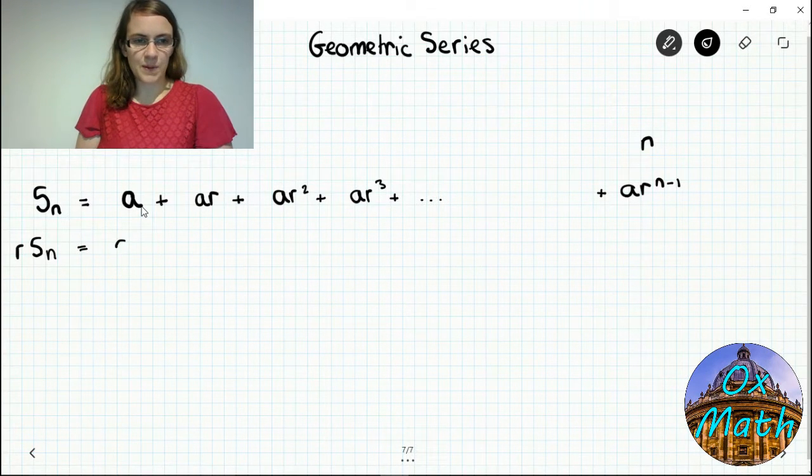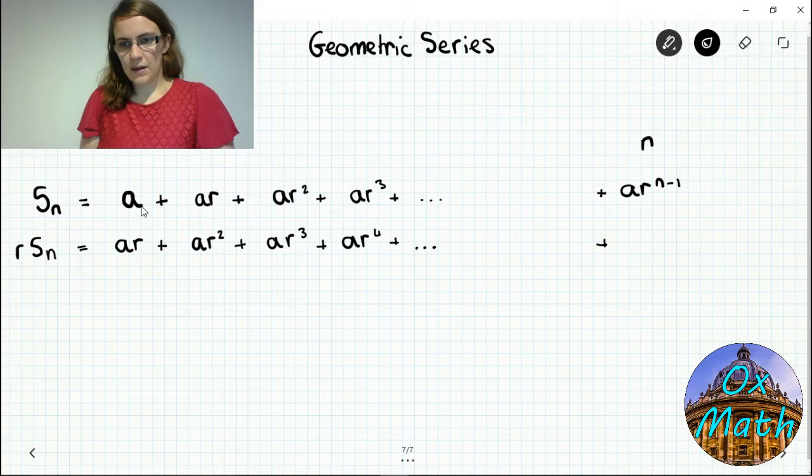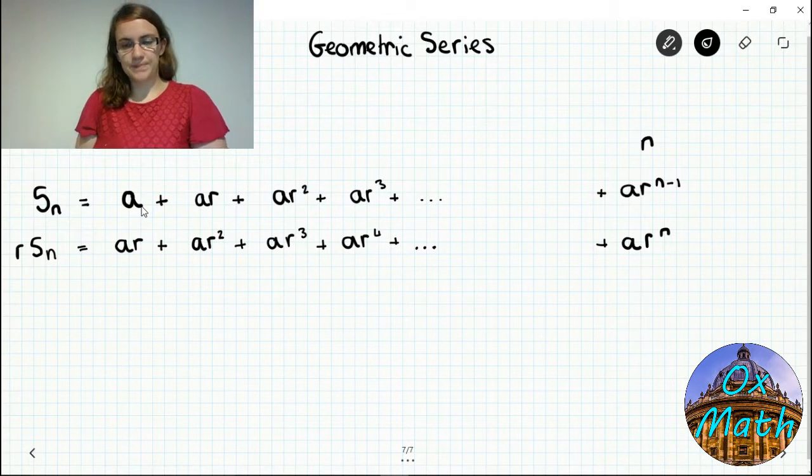So a multiplied by r is ar. ar multiplied by r would become ar squared. ar squared would become ar cubed. ar cubed would be ar to the power 4, and so on, all the way up to ar to the power n minus 1, which if you multiply it by 1 more r is just ar to the power n. Rather than multiplying by r n minus 1 times, we are now just multiplying by r n times because we have multiplied it by 1 more r.